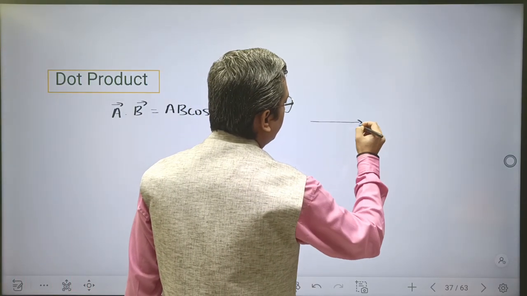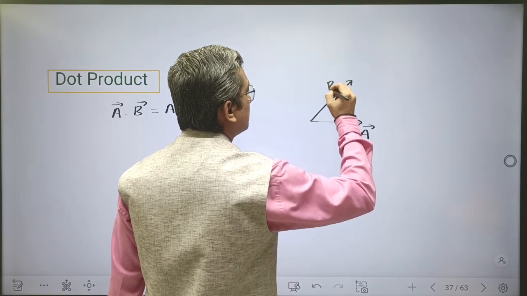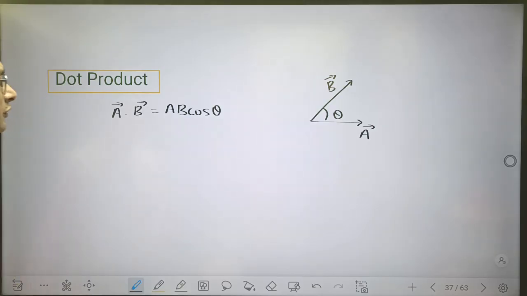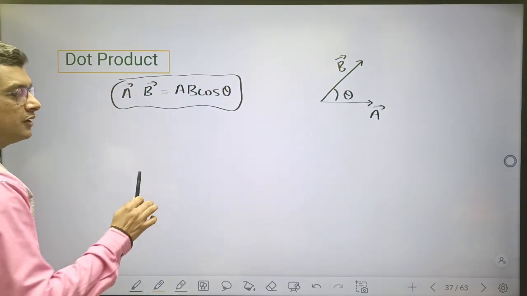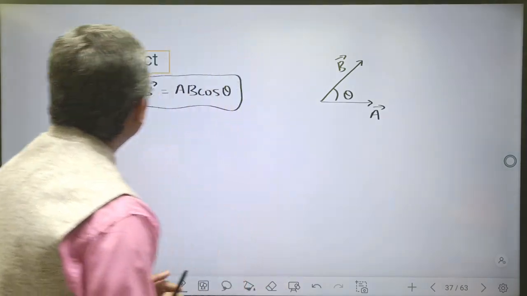Suppose this is vector A, this is vector B, and the angle between them is theta. So this is a very simple formula: A dot B is A B cos theta.